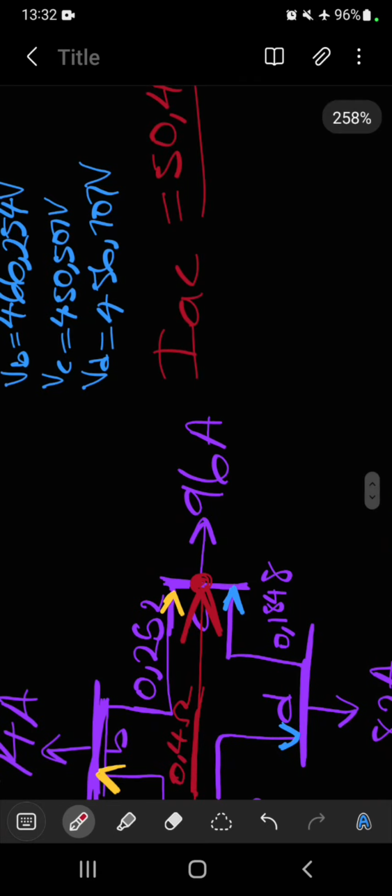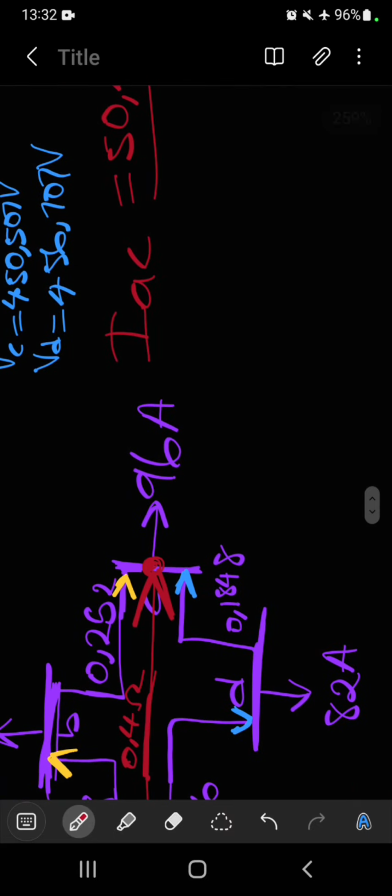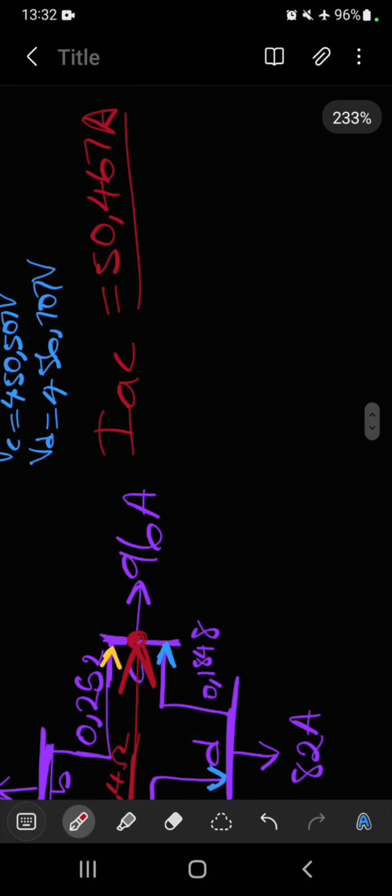Cool. So now we're gonna calculate our currents now. Again, applying Kirchhoff's current law, right? Let's start with DC. You can start with any current actually, right? Or maybe let's start with AB.